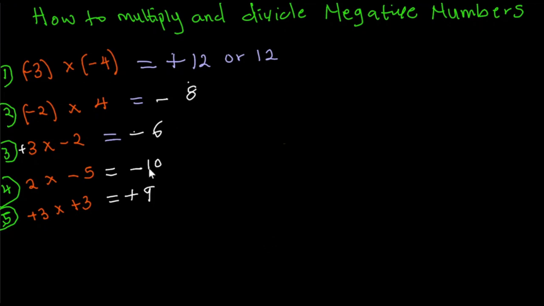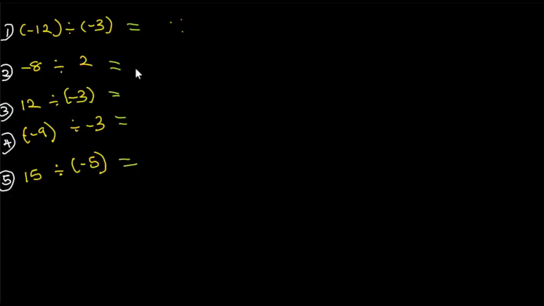So let's look at how we divide negative numbers. It's still the same rule, but let's work it out and see how it works. Okay, so these questions, number one says minus 12 divided by minus 3. So the same rule for multiplication still applies.